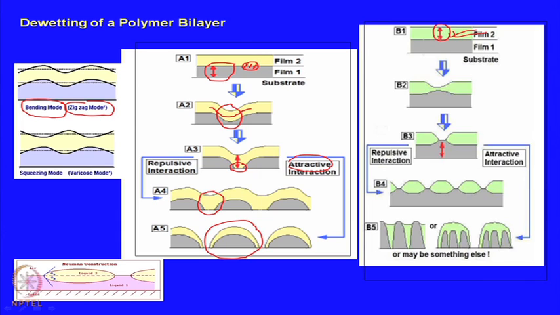The important thing to notice is that here both the interfaces between which the interaction is going on are deformable interfaces. So, you can expect some sort of a morphology like this, with a resultant rupture of the film over here.